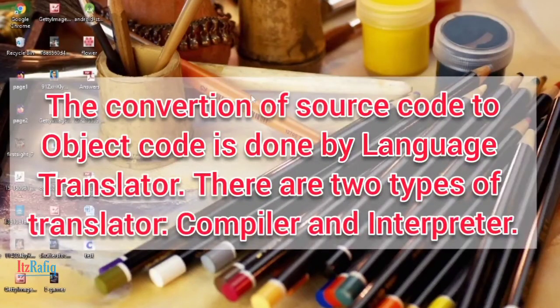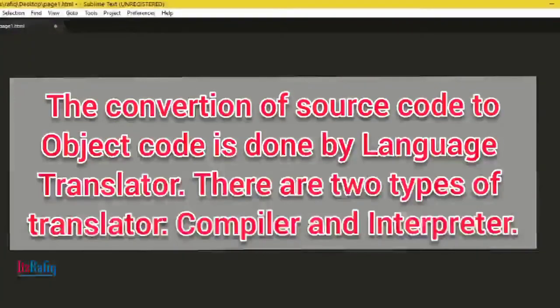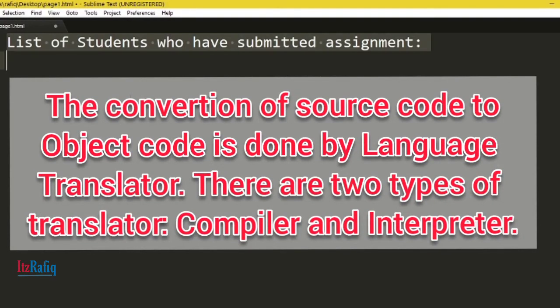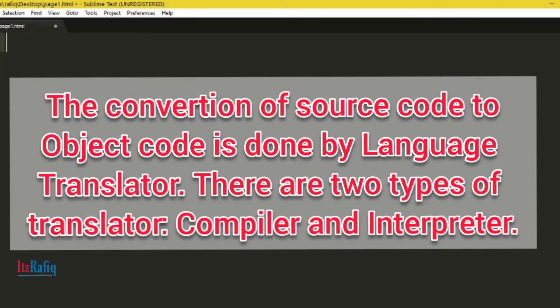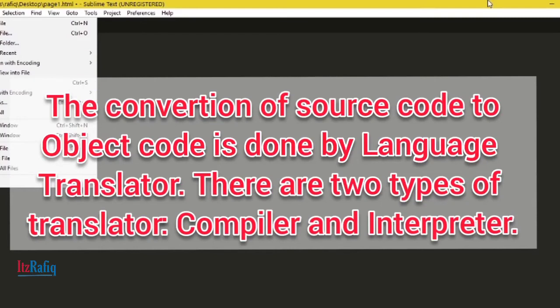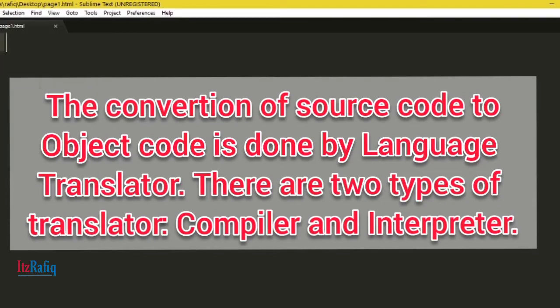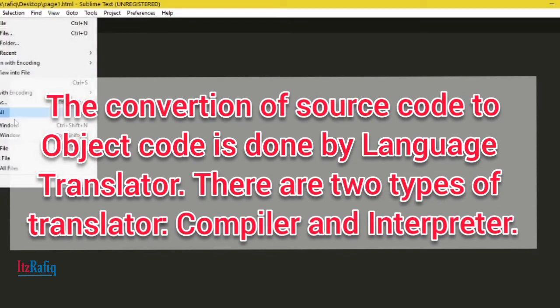This conversion can be done by either a compiler or an interpreter. When we compile the program, we will get the object code which is 0 and 1s, which can be understood by your CPU.